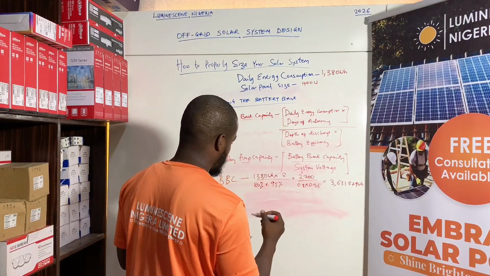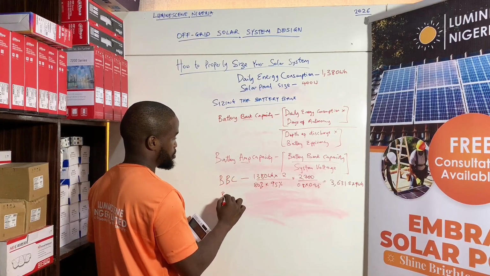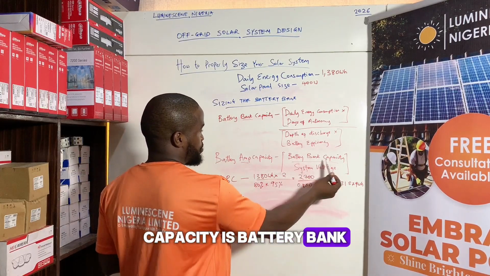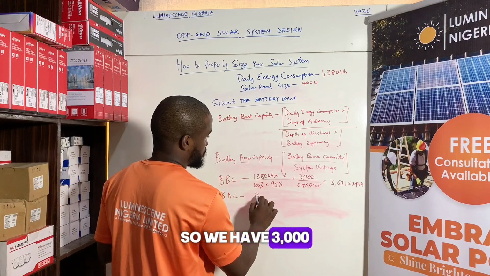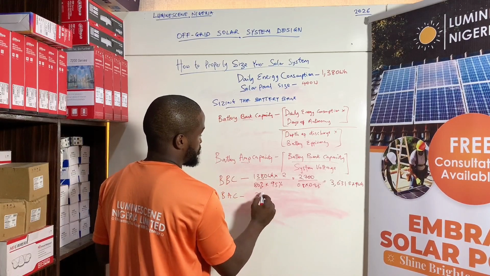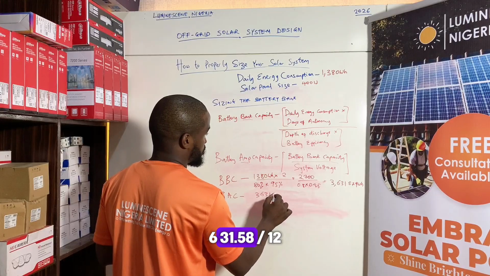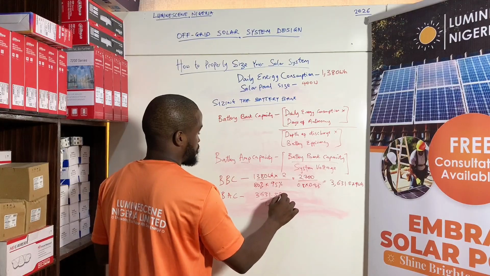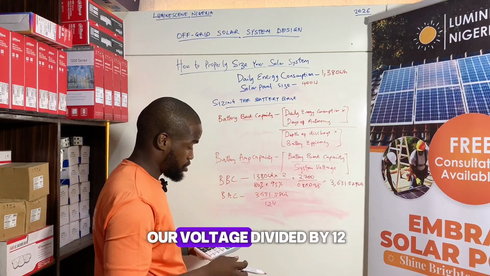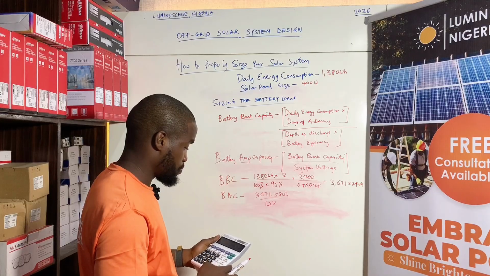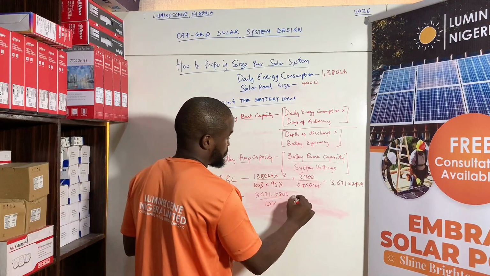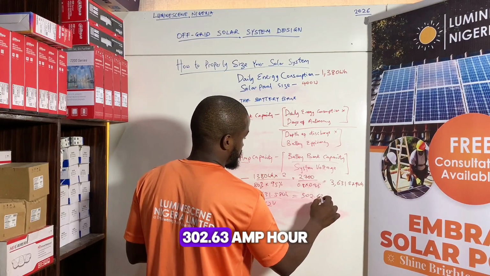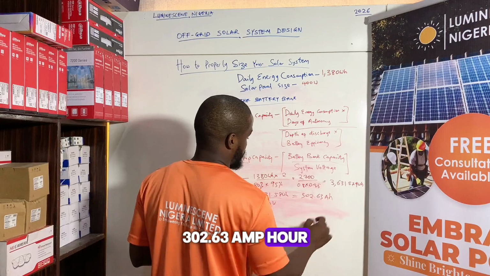Now to know our battery amp capacity, it is battery bank capacity divided by system voltage. So we have 3631.58 divided by 12. Remember, we have already chosen our voltage, divided by 12. So we have 302.63 amp hour.